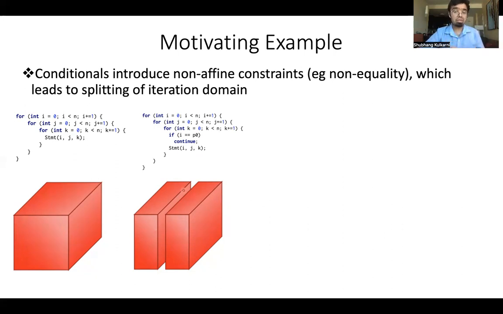Now, if I intersect this domain with, say, a constraint of the form i not equal to p0 for some parameter p0, then essentially I'm intersecting this polyhedron with a hyperplane and saying that all the points on this hyperplane are invalid. So the i equal to p0 hyperplane is invalid, and that corresponds to this continue statement.